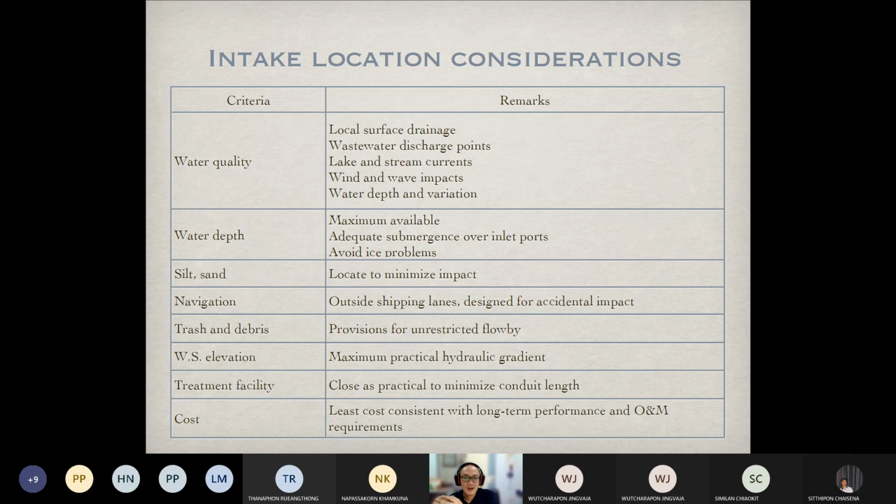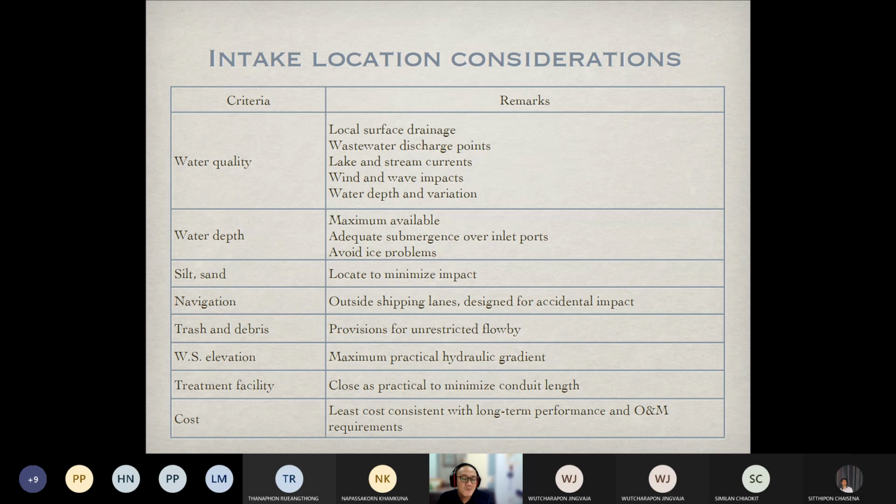Another plant that we use to produce water on the western side of the Bangkok area is called the Mahasawat water treatment plant. I don't know whether you have heard this name or not. The Mahasawat water treatment plant is normally a plant we visit almost every year, but unfortunately this semester we can't do that.